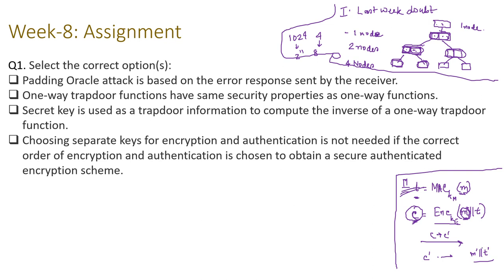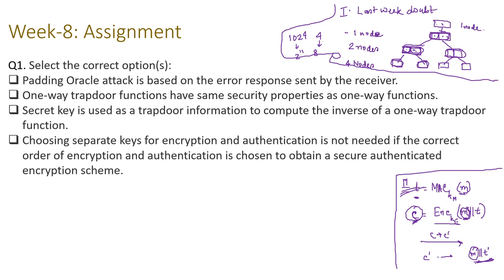Does this make sense? Yes, ma'am, but when we go one step ahead and say that T dash and M dash are a proper pair, it means we are questioning our MAC algorithm. Right. One thing I was already mentioning is that the check whether T dash is a valid tag for M dash corresponds completely to the integrity of M dash.